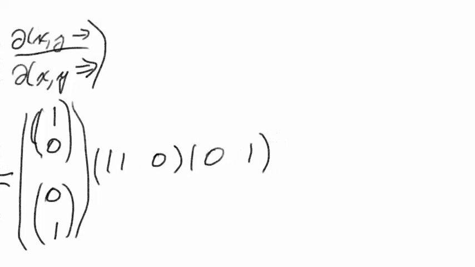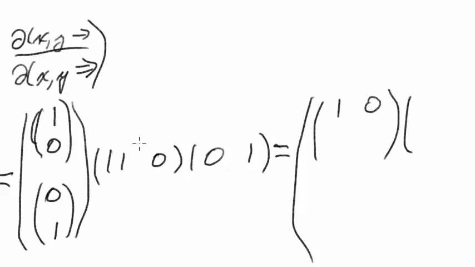So we will get a rank 2 tensor, and I have worked this out before, so I know what I'm going to get. 1 times 1 is 1. 1 times 0 is 0. 0 times 1 is 0, and 1 times 1 is 1.